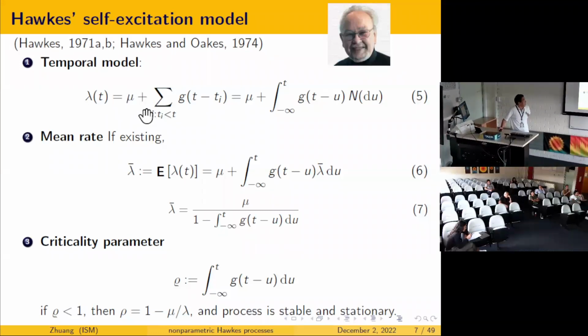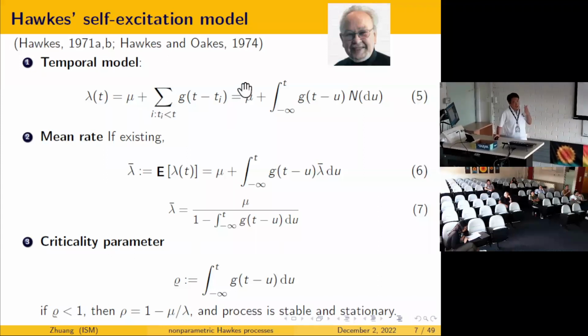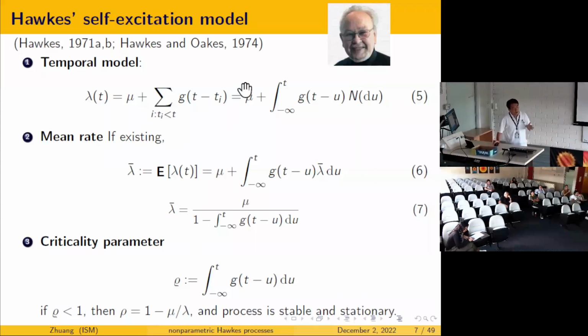Each time we have one event, this event will excite a new non-stationary Poisson process. We use a function g as the occurrence rate for the excited process. It can also be written in random measure form.